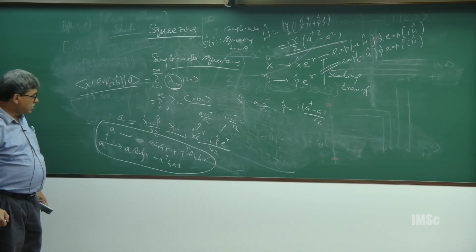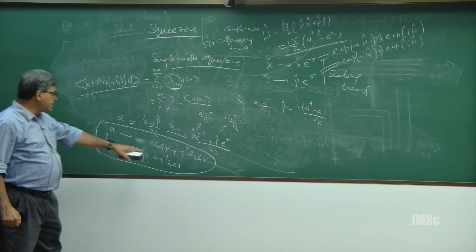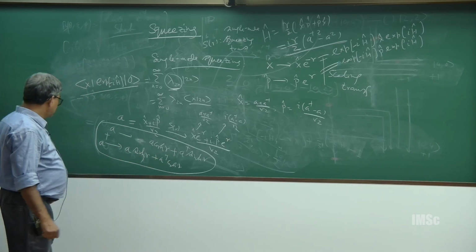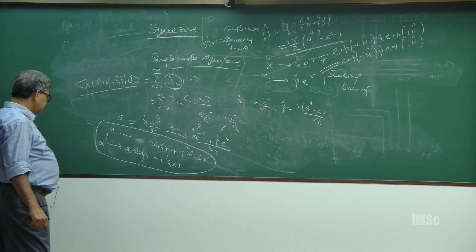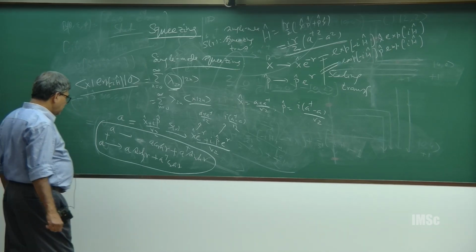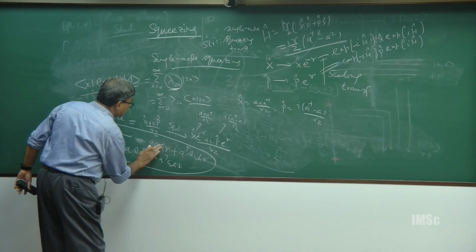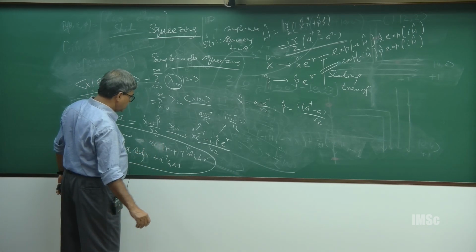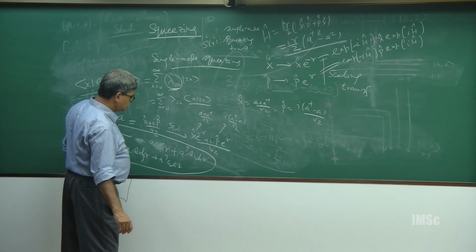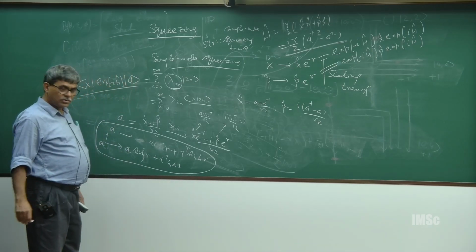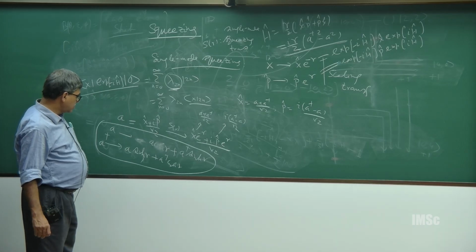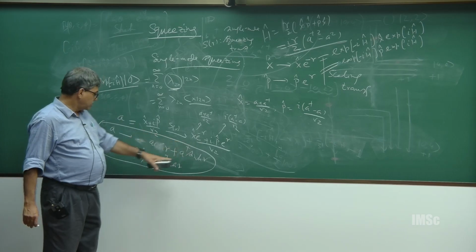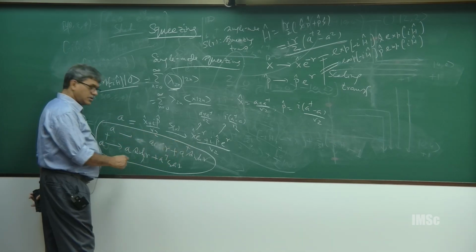You can check what the sign is. a dagger is coming as cosh r actually, and a coming as sinh. Are you sure? For r equal to 0, it should be cosh, right?